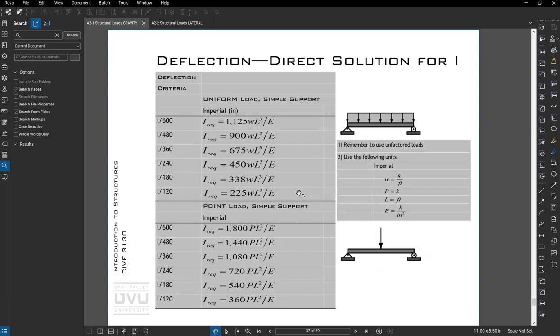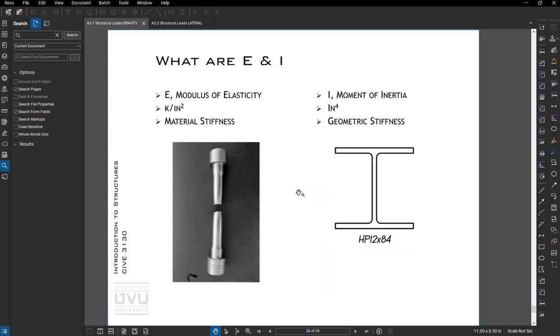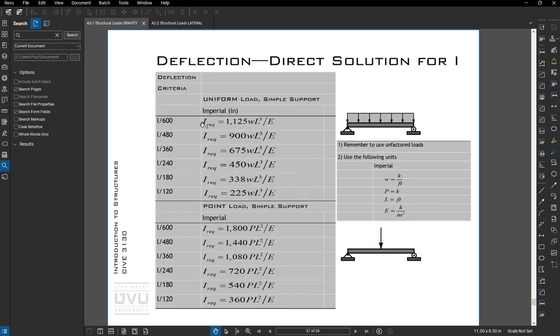All right, sometimes it's nice to solve directly for the moment of inertia required for a given loading and deflection criteria, and that's what these equations do. So if I had a uniform load, I wanted L over 480, I knew what my uniform distributed load was, my span, and the elastic modulus, so wood, steel, concrete, whatever, I could calc the moment of inertia required to meet the deflection criteria.